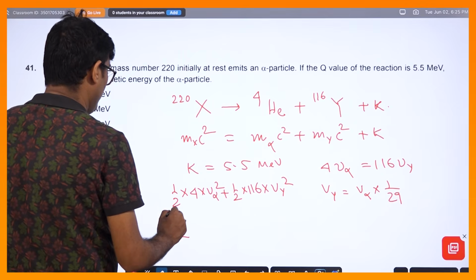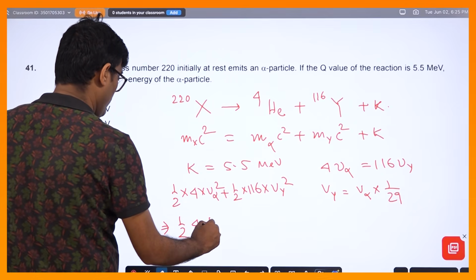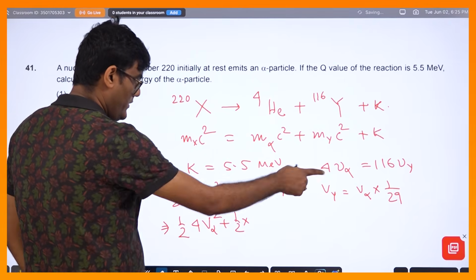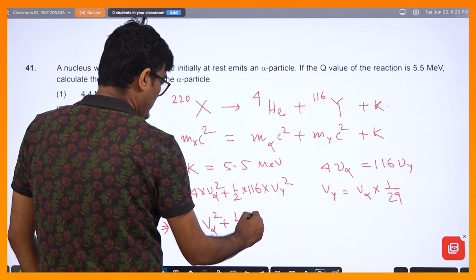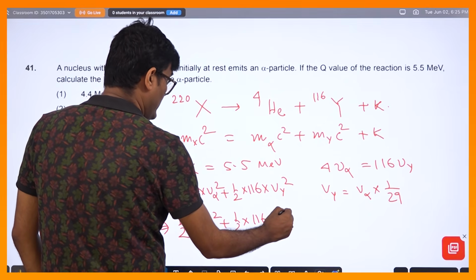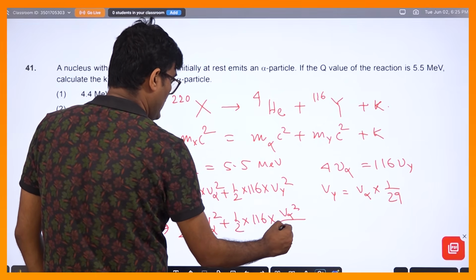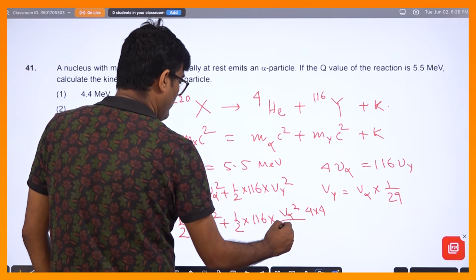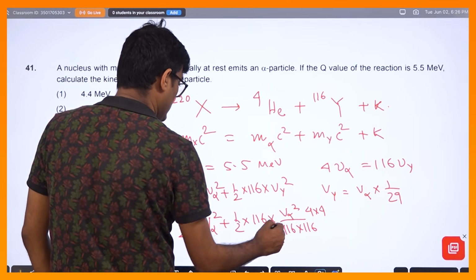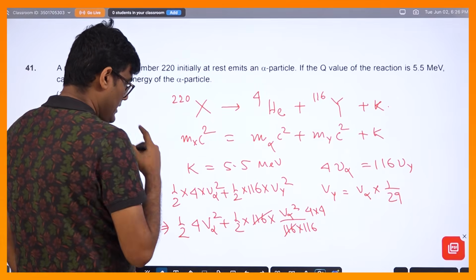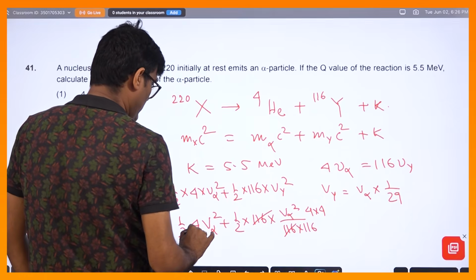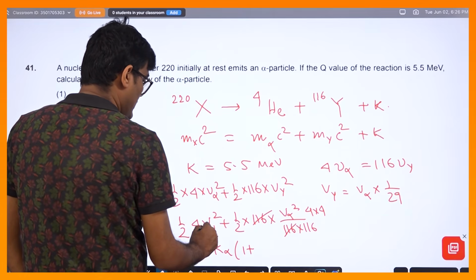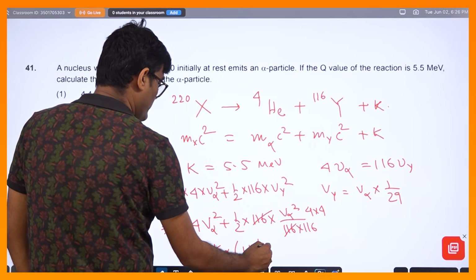Substituting Vy as V alpha into 4 by 116, the 116 gets cancelled out, and it is half into 4 V alpha square, which is the kinetic energy of the alpha particle, into 1 plus 4 by 116, that is 1 plus 1 by 29.